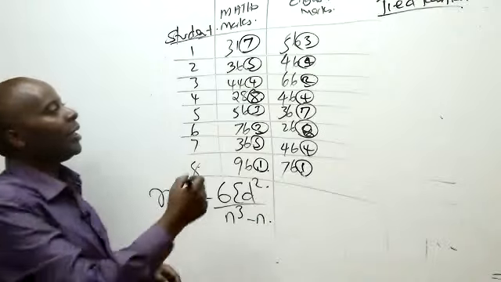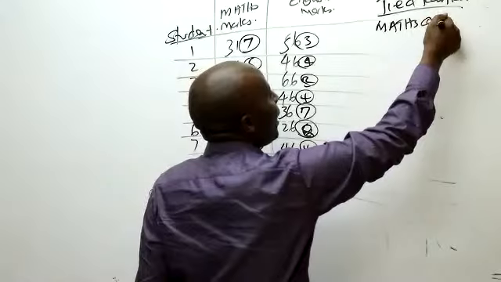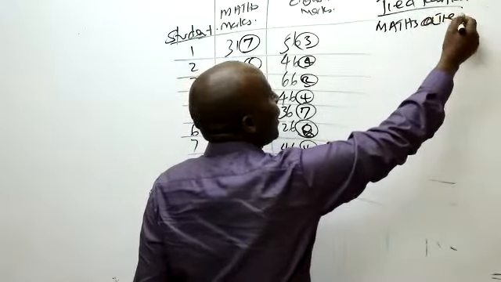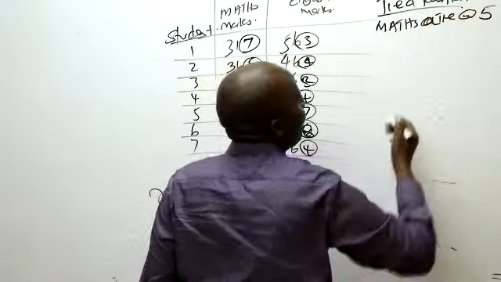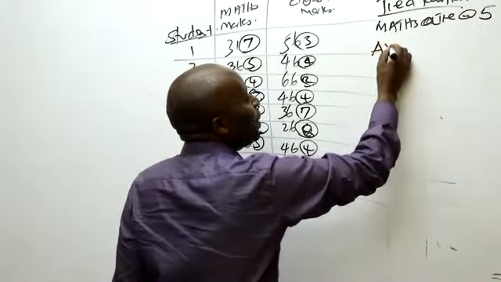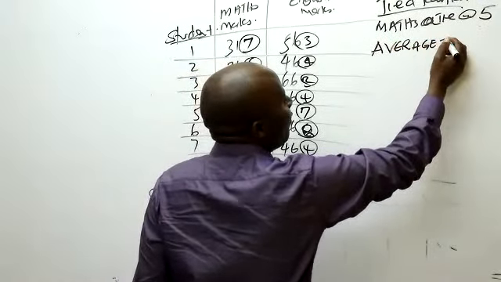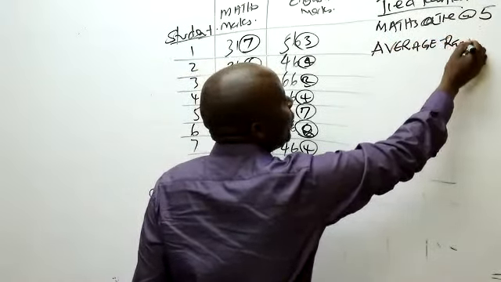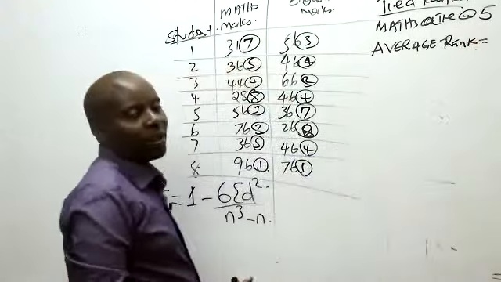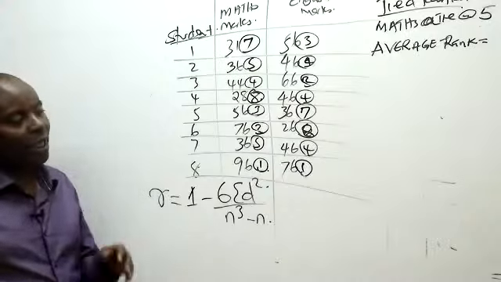So in this case here, there is a tie in marks at position 5. Meaning that you break the tie by giving what we call the average rank.